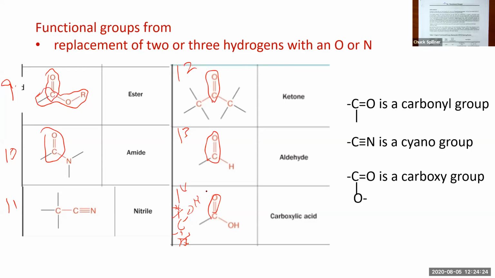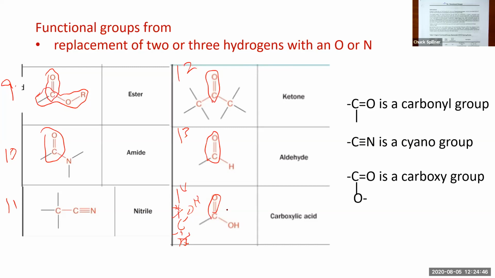The C double bond O is called a carbonyl. The C triple bond N is a cyano. And the COO with a couple of other bonds there you can attach things to is called a carboxy group. So these, the carboxy you see in carboxylic acids, and you see carboxys in esters.